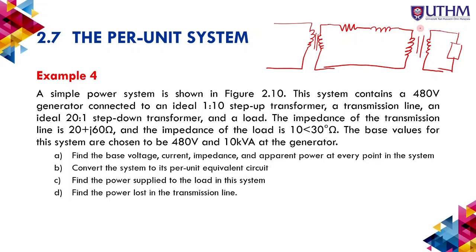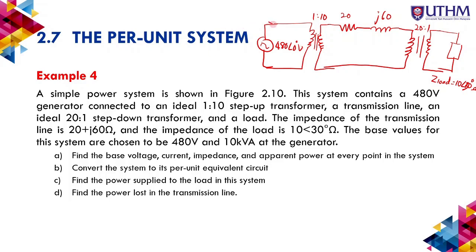Okay, so ini dia punya nisbah adalah 1:10. Ini 20:1. This is 20 plus J60, and then Z load equal to 10 angle 30 ohm. And then the power supply 480 angle 0 volt.